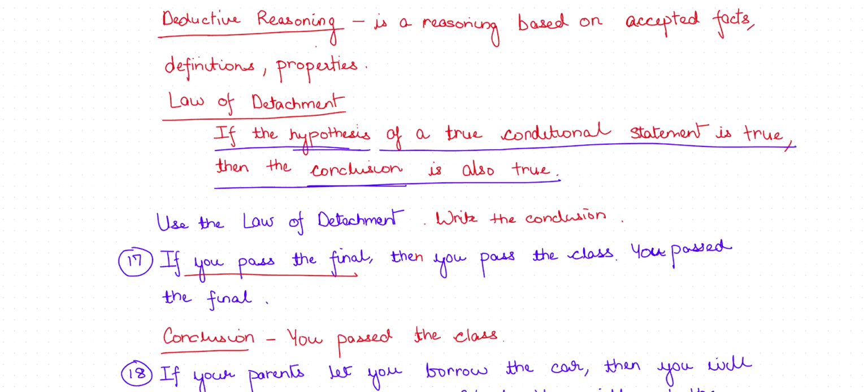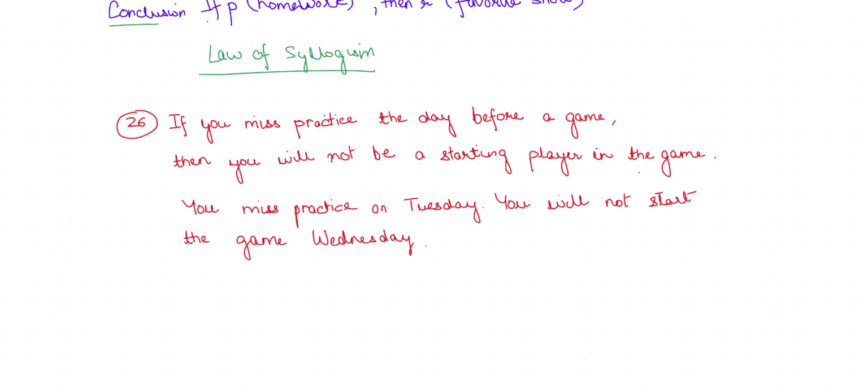So we can see that this is an example of deductive reasoning using the law of detachment. So here it is, if you miss practice on the day before the game, then you will not be a starting player in the game. So this is a rule.